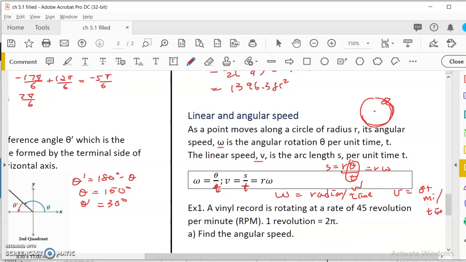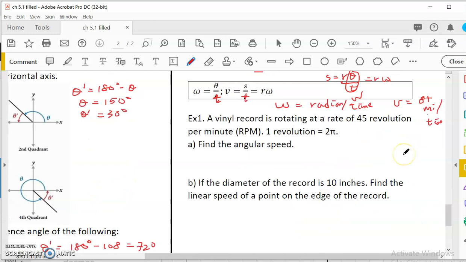So let's do some examples. A vinyl record is 45 RPM. That's those old days. And one revolution is 2 pi radians. So although they say the rate is 45 RPM, revolutions per minute, the angular speed is actually 45 revolutions times 2 pi radians per minute.